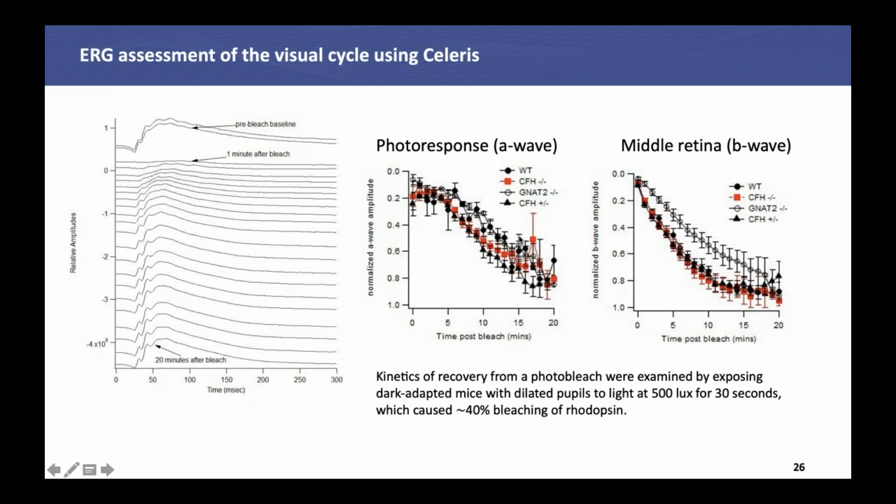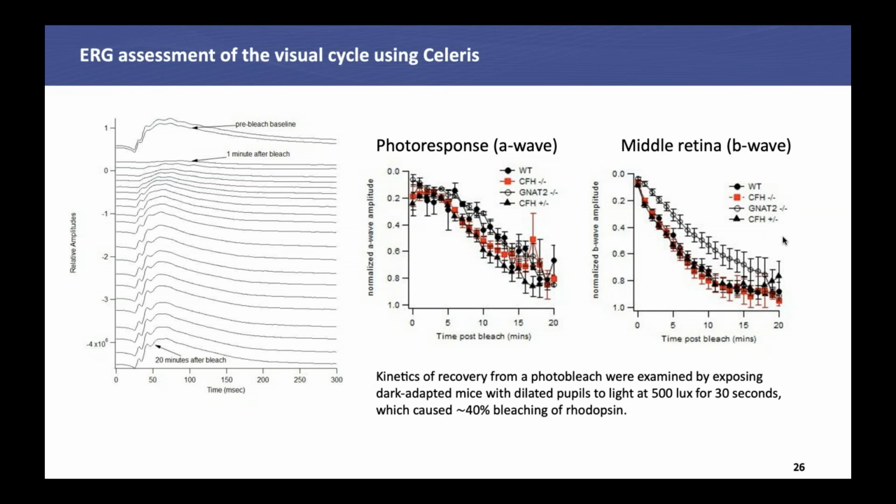And so then we can plot the B wave, and you can see the B wave is shown here for different animals. Notice the wild types start at no signal, and then they slowly come back to the baseline amplitude. This is very much like that. And in this graph here, I'm showing you different animals, wild type. I have a couple of CFH mice in there. These are complement factor H mice.